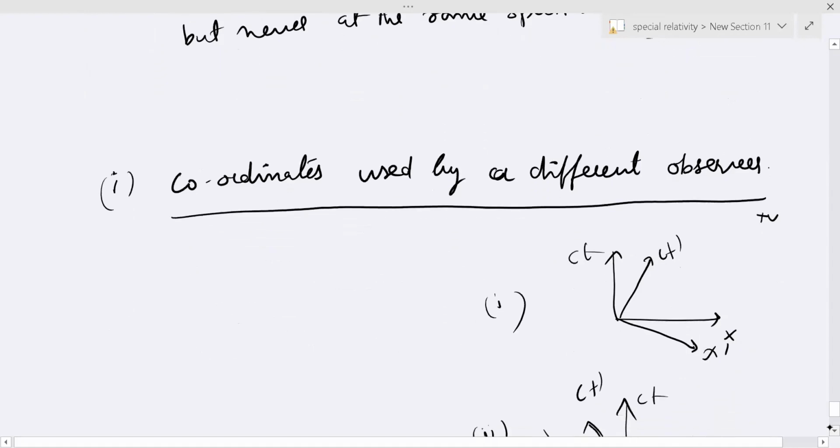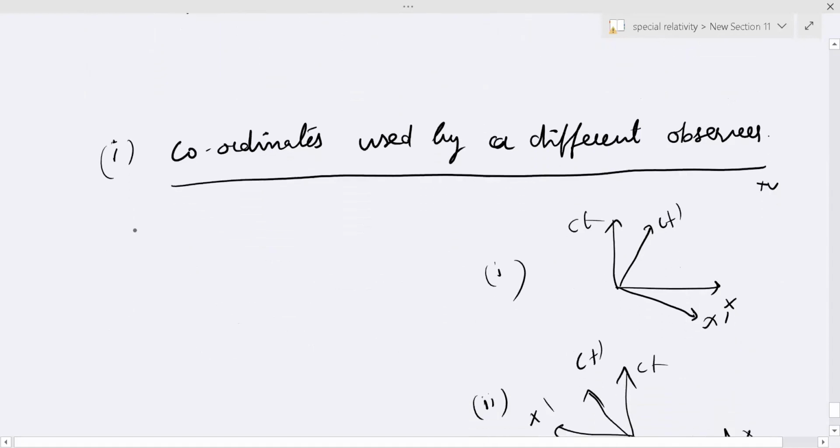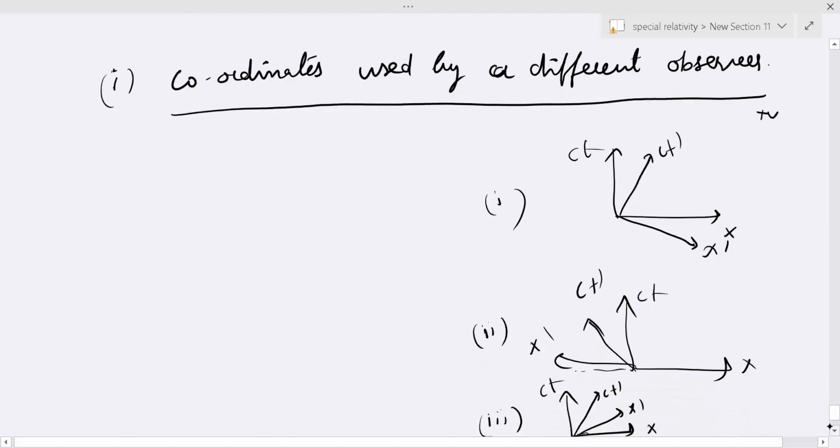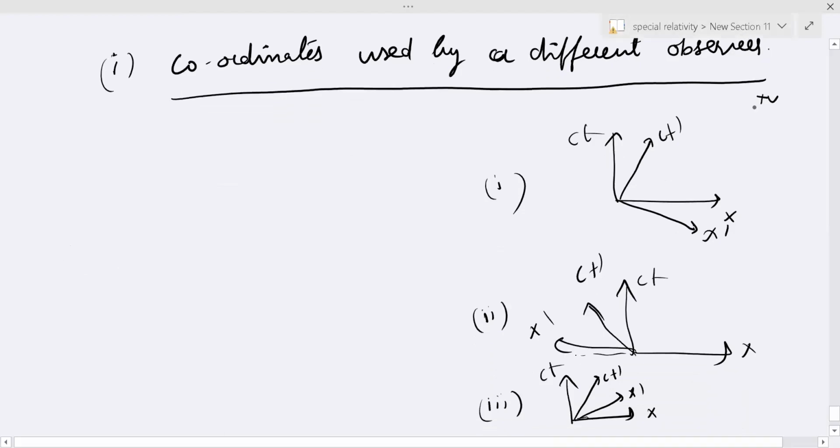These are space-time diagrams. We know about rotations, right? In space rotation, this is x, y. A rotated coordinate system would correspond to x prime, y prime. So these are the new coordinate systems in the old coordinate system. In the same way we can do for Lorentz transformations also, for space-time diagrams also. We talked about boost. Suppose there is an observer, a reference frame, which is traveling with velocity v along the positive x-axis.